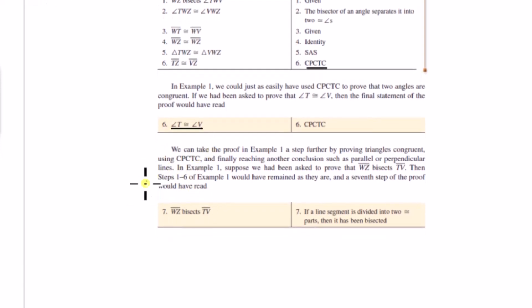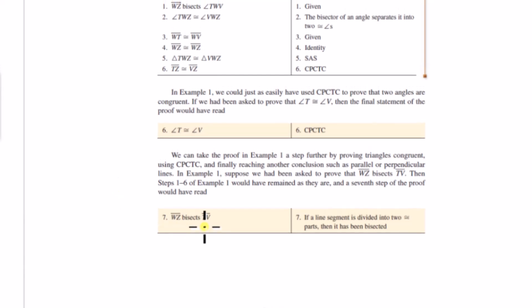Now, next what they talk about is that we can take this a step further and show other relations between features that are a consequence of this CPCTC. So again, in my opinion, this is really mathy type stuff. It's just how we're making statements formally. So what they're talking about here is, let's say we wanted to state that WZ bisects TV.